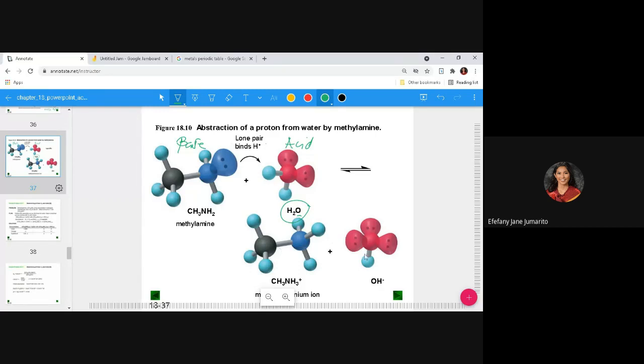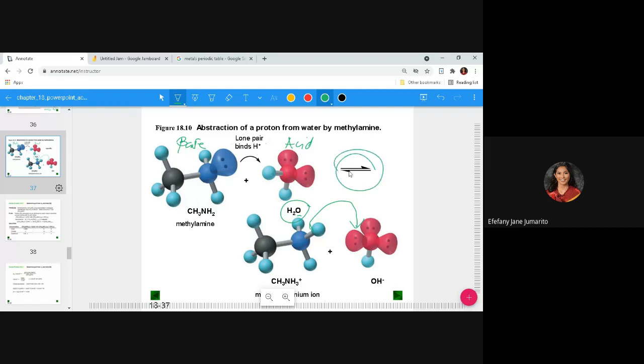Of the two, who accepts the proton? It is the OH minus. So your conjugate base here is the OH minus. The proton in your methylamine will be accepted by your OH minus to form the product.